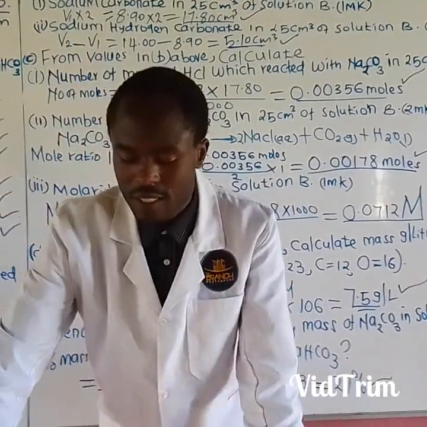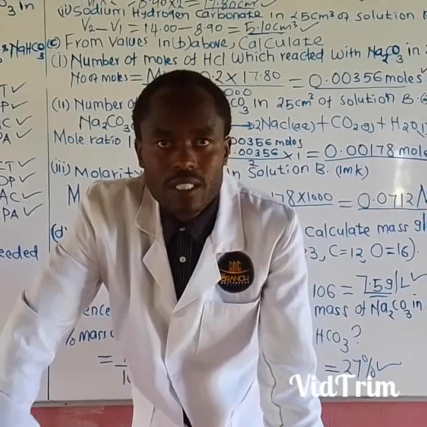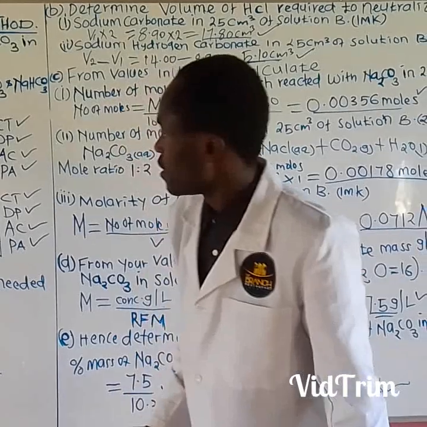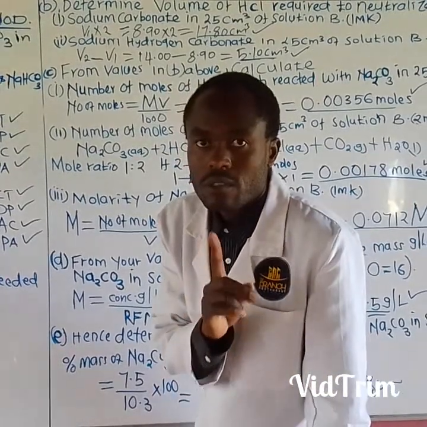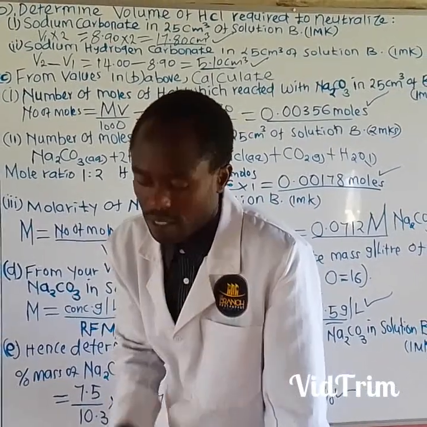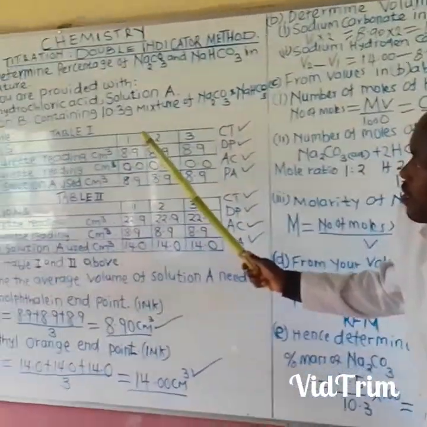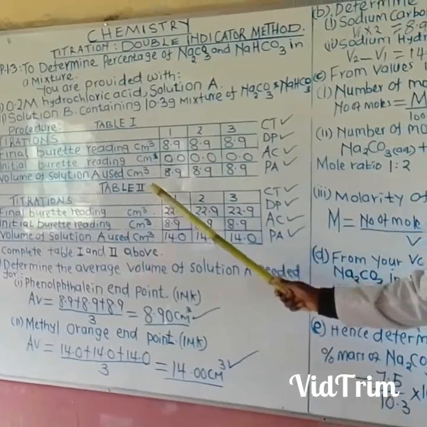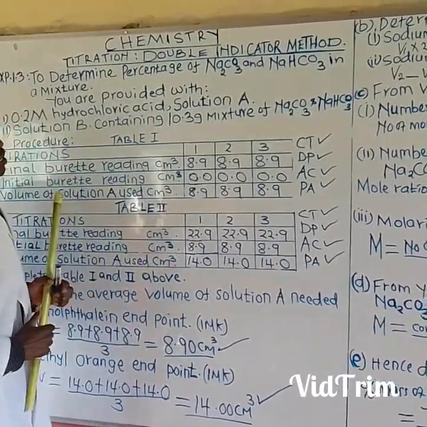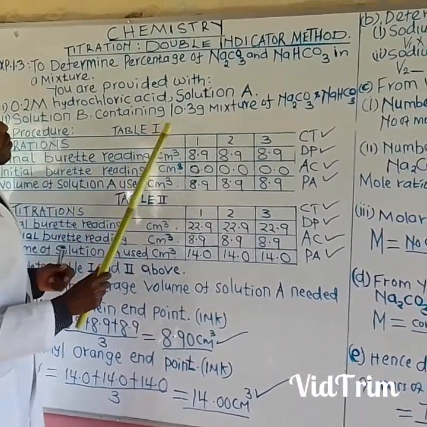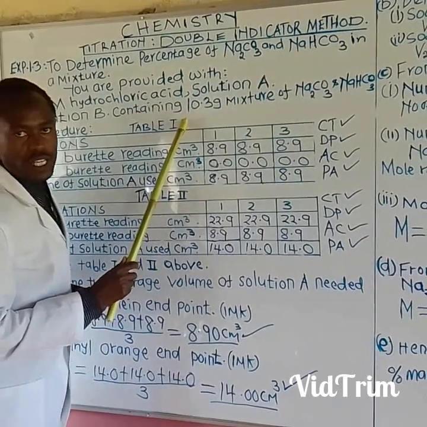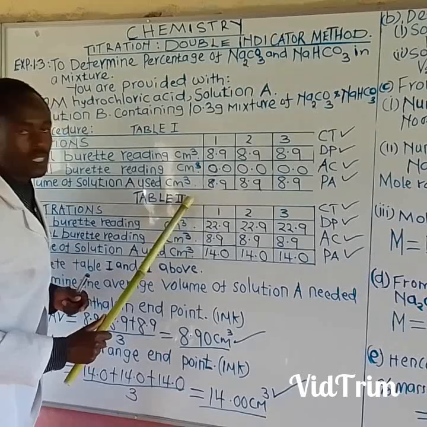So my student, I want to say something as I finish. We have two titrations here. Titration number 1 is in table 1 and titration 2 is in table 2. In table 1, we used phenolphthalein indicator, but in table 2 we used methyl orange.